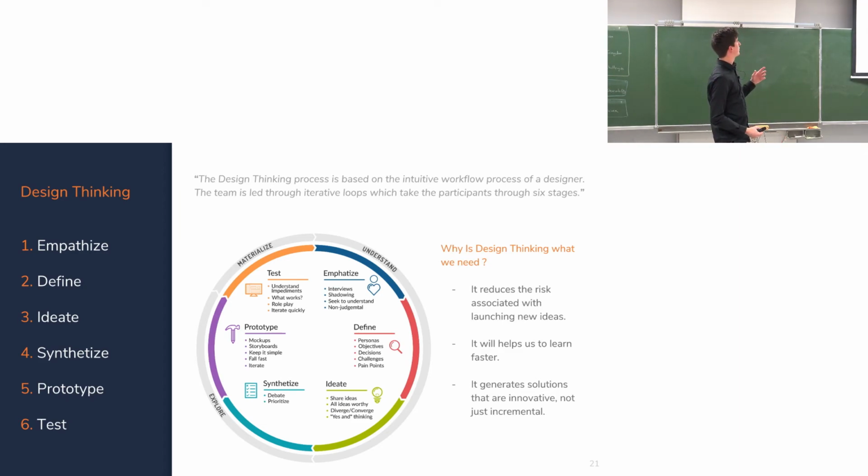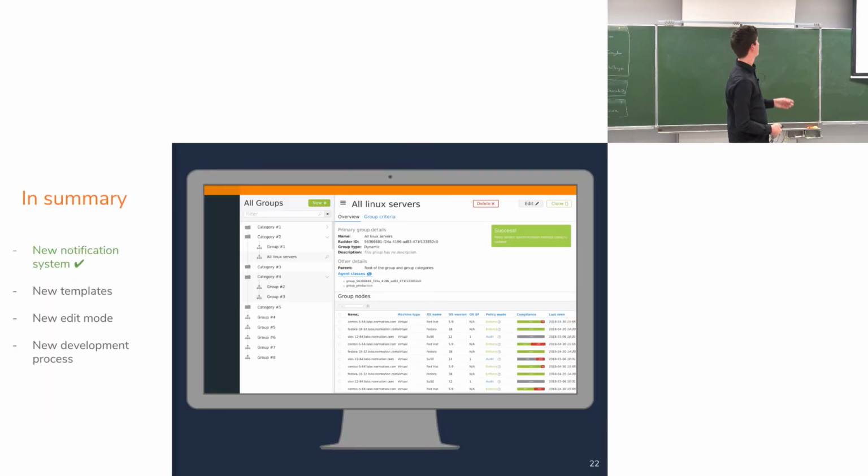But for other pages, if we want to implement new templates, it could be a lot more difficult. So I think we will start to focus on a single page, like the groups page. This is why I created a small mockup.